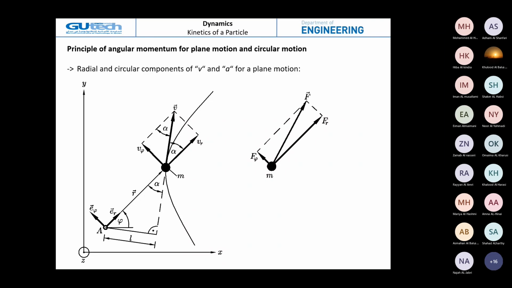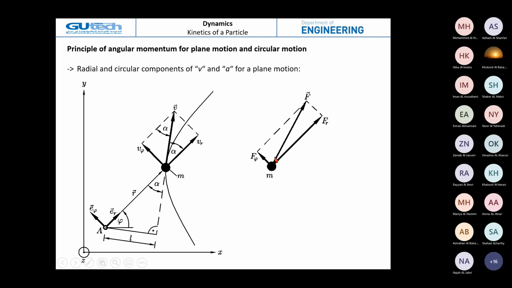This velocity can be decomposed into two vectors: the vector velocity v is projected along the radial direction and the circumferential direction, represented by the unit vector E phi.